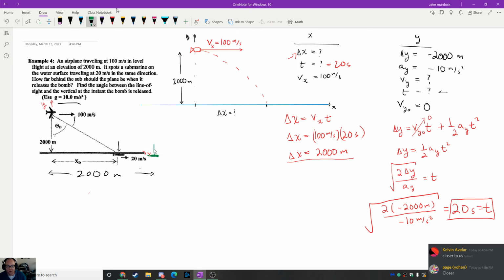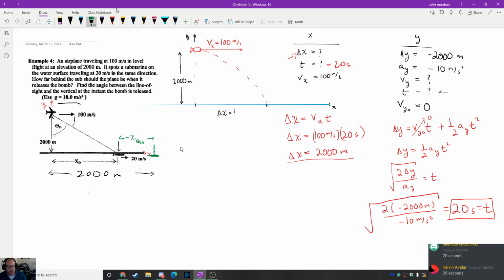So what we need to figure out is how far does the sub travel? Maybe we call it x sub. How far does the sub travel, and what time interval do we care about? How long is the sub going to be traveling when we release the bomb? 20 seconds.